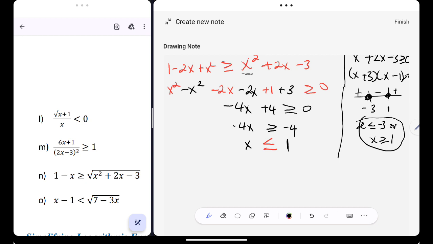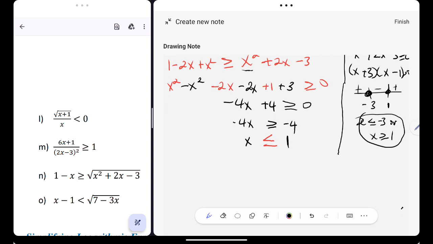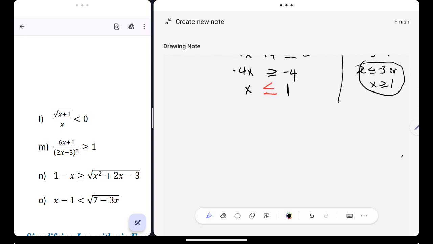Then I must just express my solution and my restriction on the number line. Where I have the most number of overlaps, that's where my final solution is. I have negative 3 and 1 here. The restriction says x is less than or equal to negative 3 or x is greater than or equal to 1.